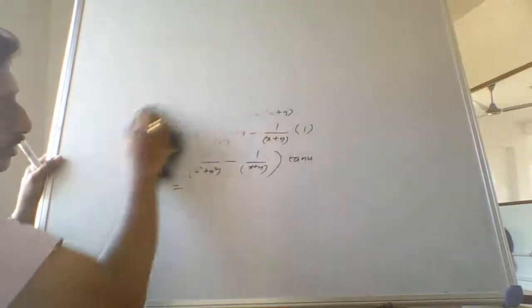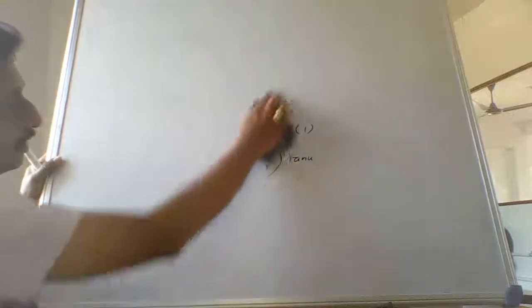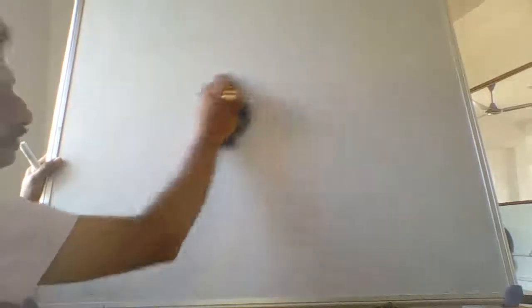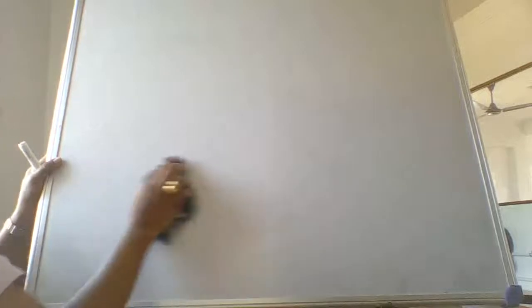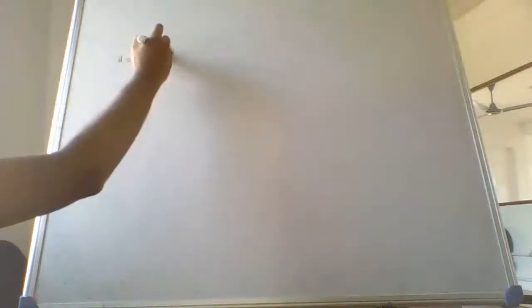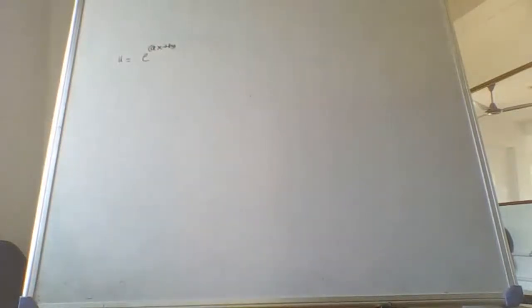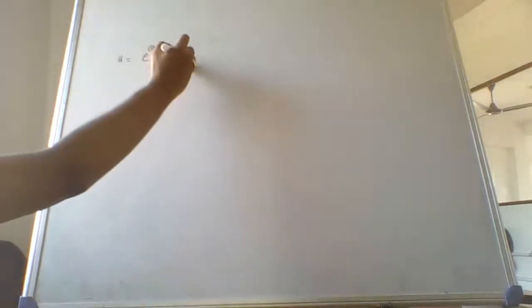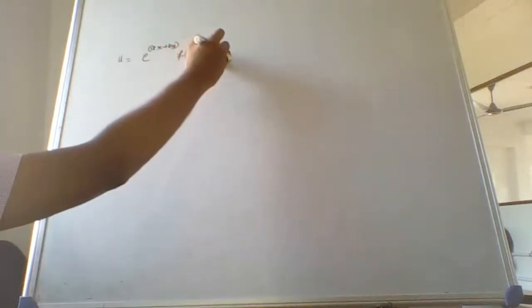I hope you understood this problem. It's quite easy, and you all can solve this problem on your own. So let me take another u equal to e to the power of (ax plus by) f of (ax minus by).